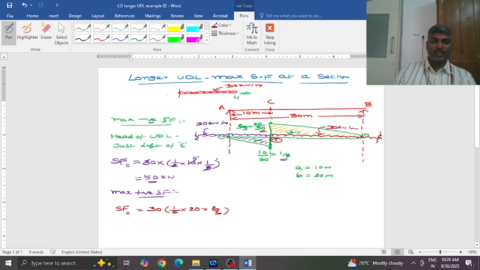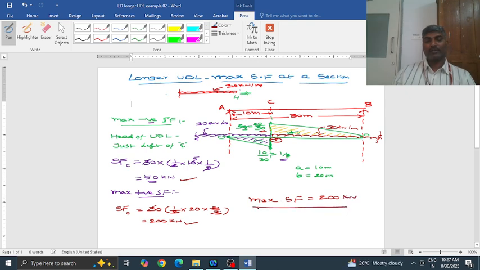If you work out that, here 2 goes, so it will be 200 kilonewton. So maximum negative shear force possible at C is 50. Maximum positive shear force possible at C is 200. Out of these two, the maximum shear force is the positive value. That is your answer.